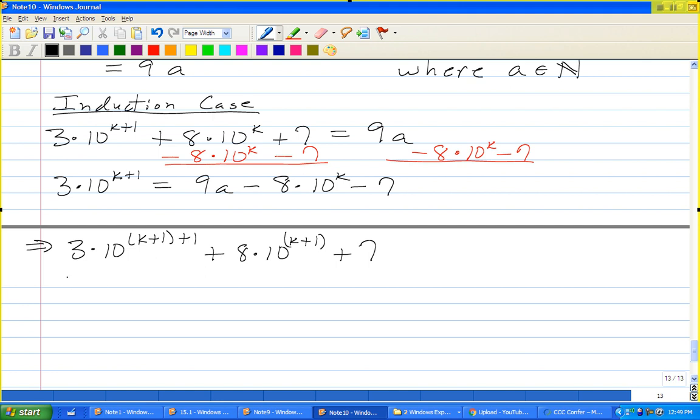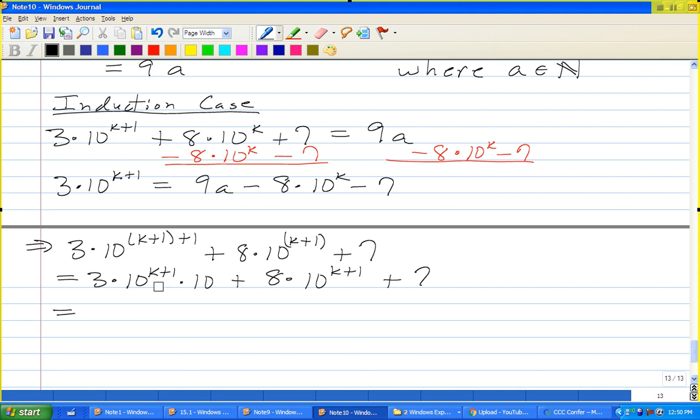Well, this is the same as 3 times 10^(k+1) times 10, just by properties of exponents, plus 8 times 10^(k+1) plus 7.